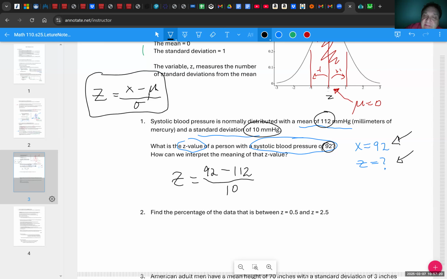So I do this calculation right there. 92 minus 112 is going to be a negative number because you're starting with 92 and you're subtracting a number bigger than 92. You can use a calculator if you want, or you can just say, if you had 92 bucks and you want to spend 112, you'd be short. How much short are you? You end up being $20 short, so it's minus 20. And then the bottom number is 10. And minus 20 divided by 10 is negative 2.